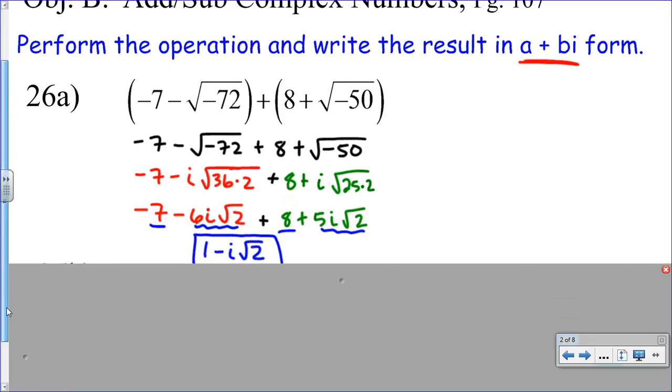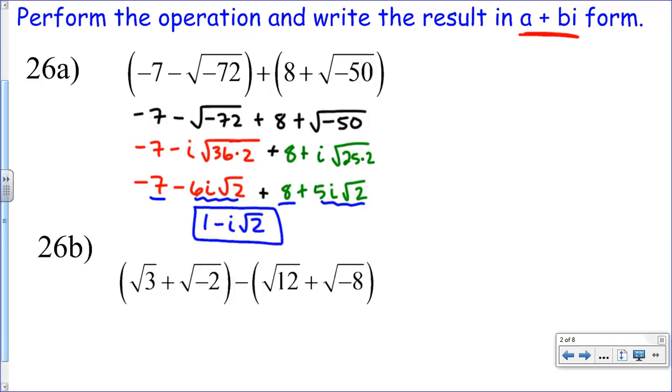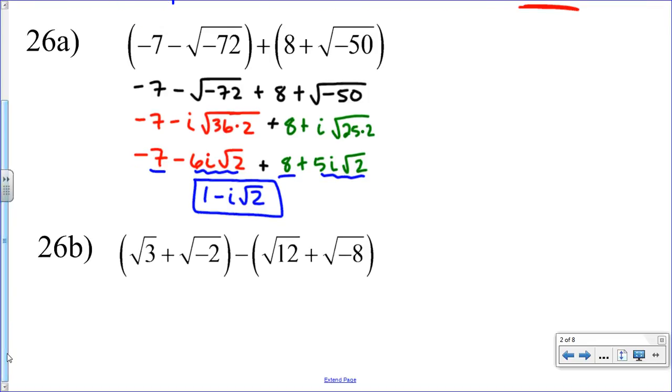So when you add, take off the parentheses, and then you're combining like terms. When you subtract, there will be a subtraction sign in between. You want to distribute the negative and then add. Okay, so let's distribute the negative first.